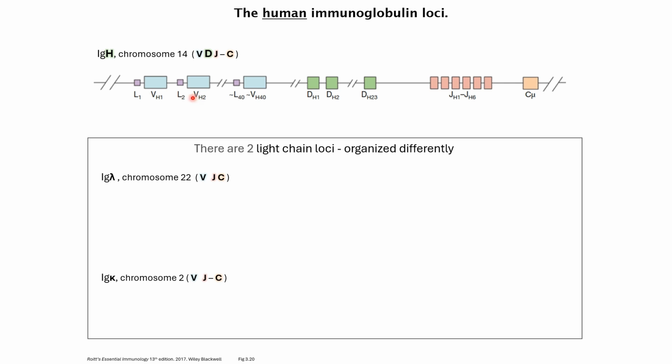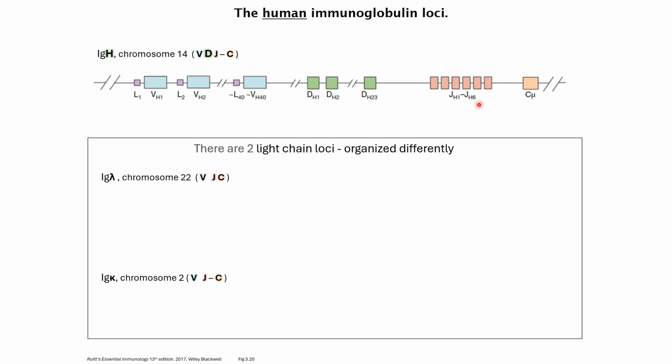In the transitional B cell and downstream from that, the mature B cell, there is one V segment, one D segment, and one J segment. However, initially, there are 40 V segments in the genome of the B cell at this locus on chromosome 14 for the heavy chain, 23 D segments and 6 J segments.